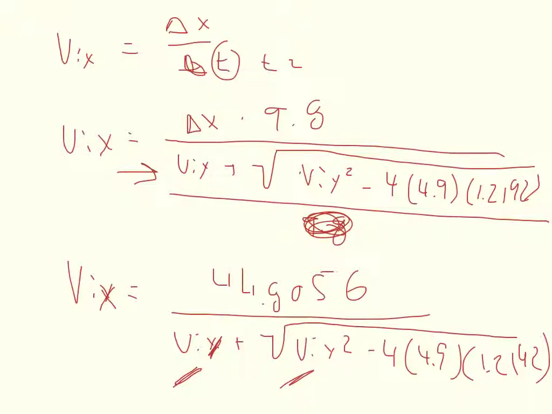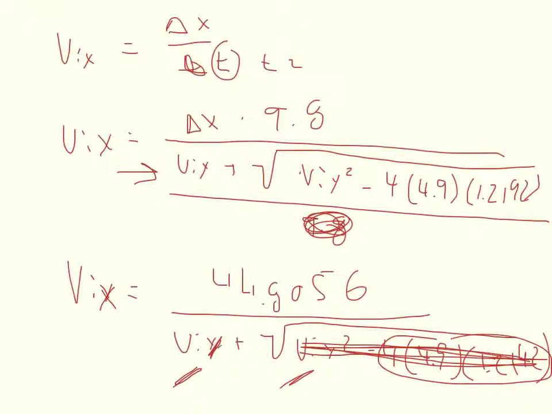And just to keep it easy, I'll stick with 4.888386 because that causes this whole value to turn to 0. 4.888386 squared equals 4 times 4.9 times 1.2192.